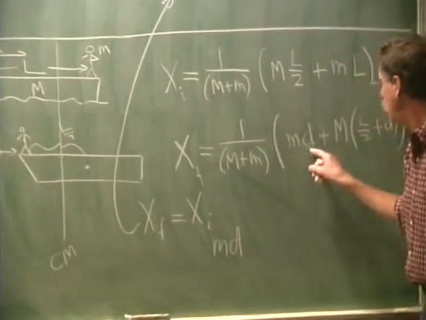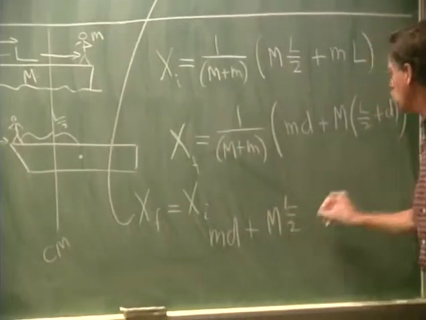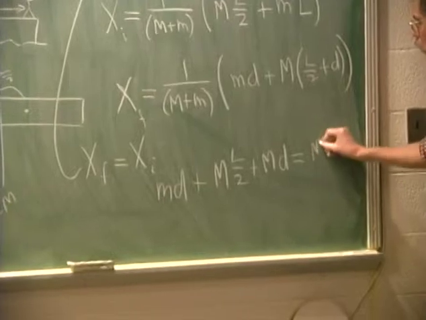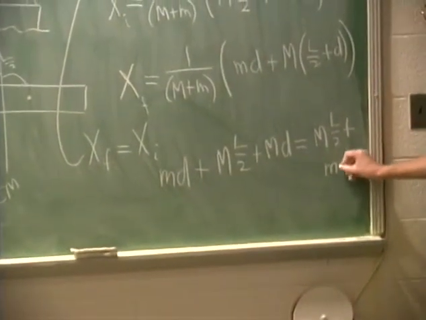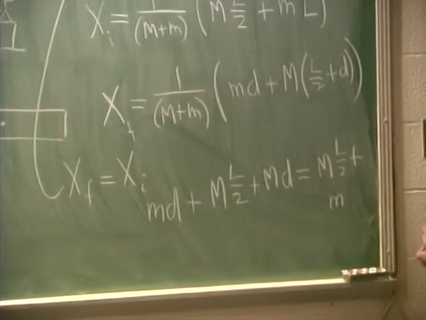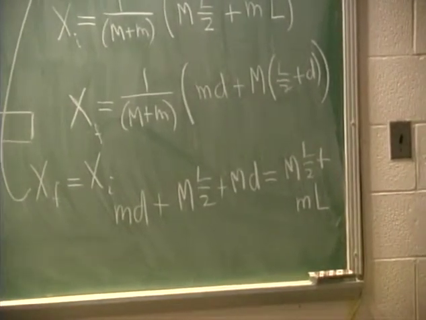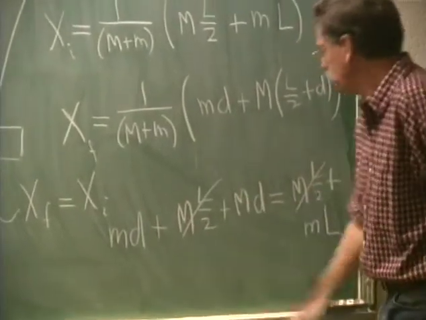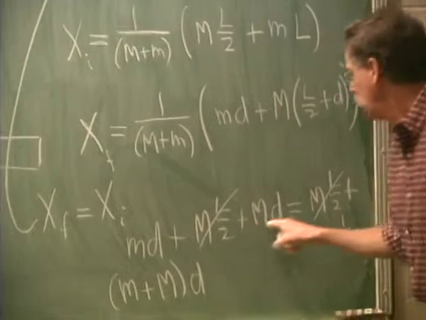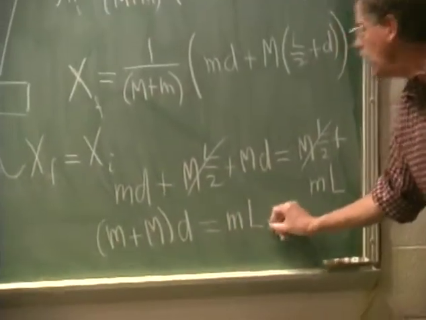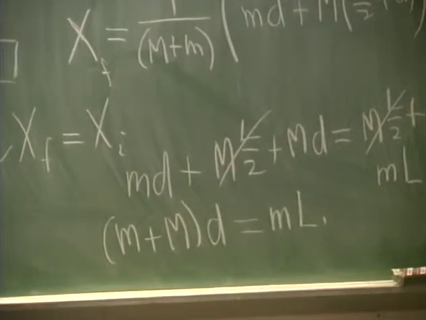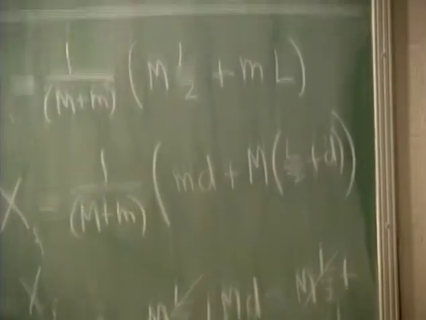It says M d plus capital M L over 2 plus capital M d is equal to M L over 2 plus little m times L. Actually, M times L over 2 cancels on the two sides, and I conclude little m plus capital M times d is equal, on the right, to just little m L. What I was trying to find out is how far am I now from the dock? d is equal to little m over little m plus capital M times L.